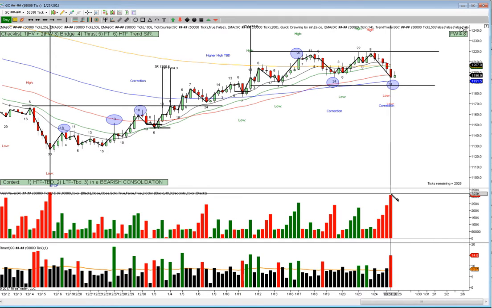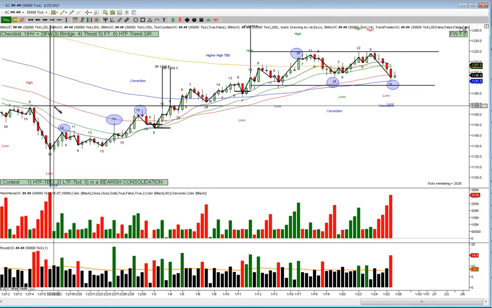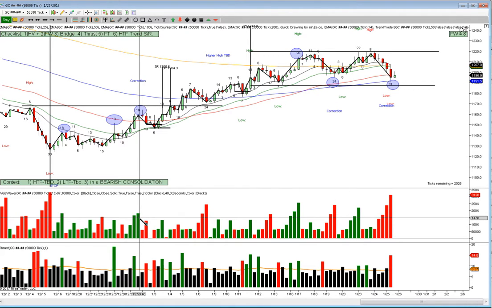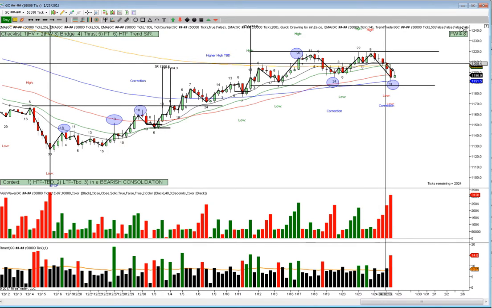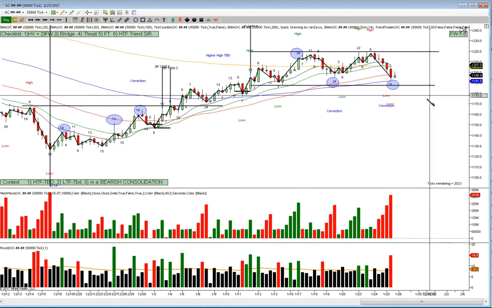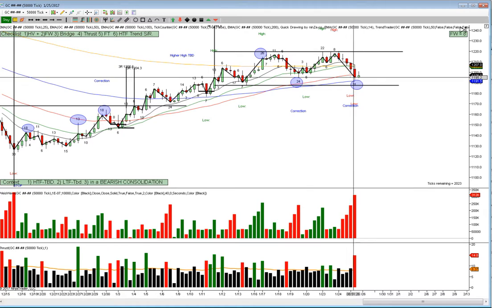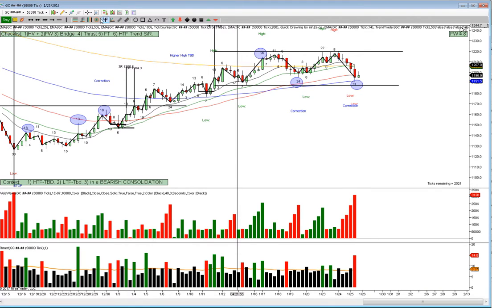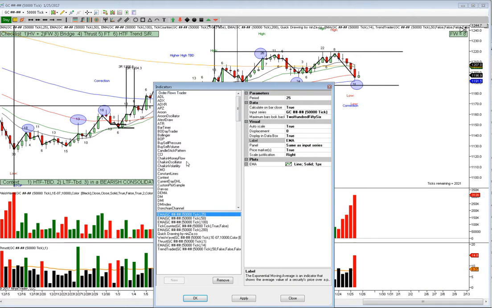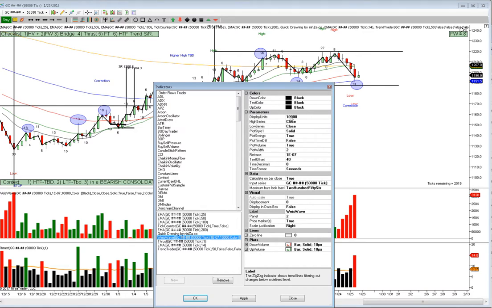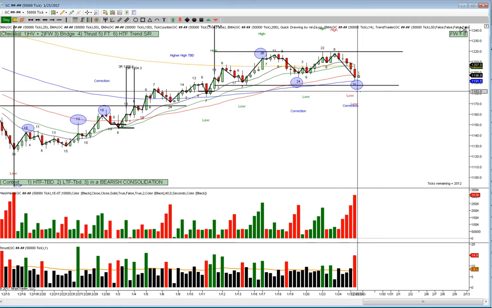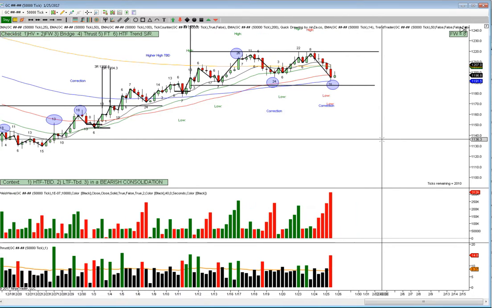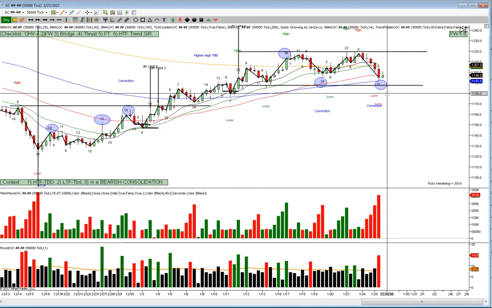This is the biggest selling wave in the entire trend. What does that mean? It means strong hands. 31 times what? 31 times 10,000 contracts. 310,000 dumped.